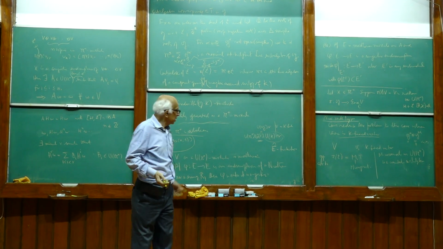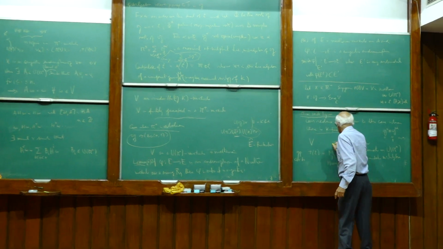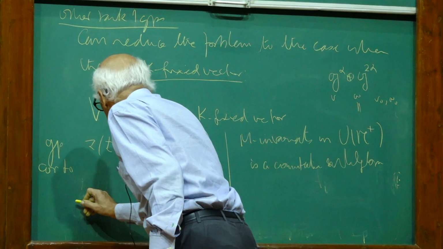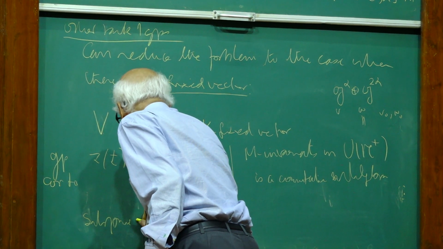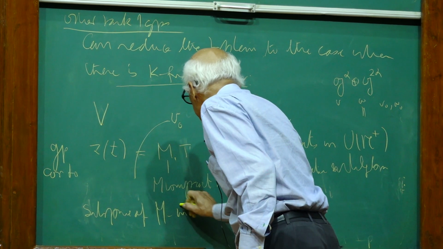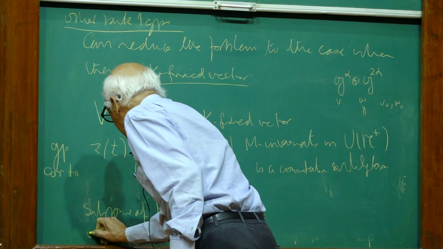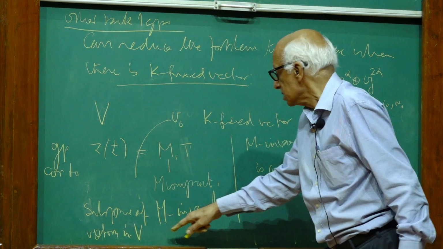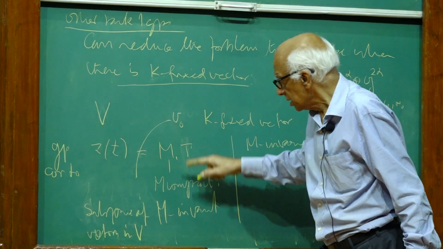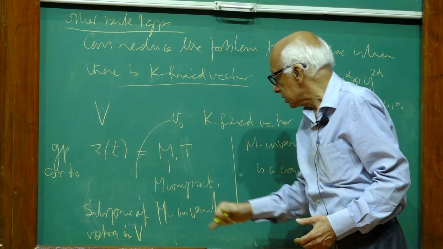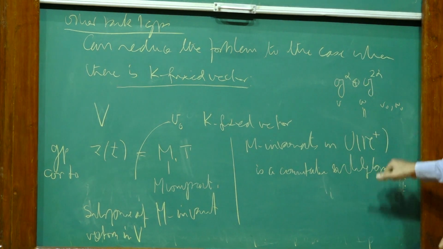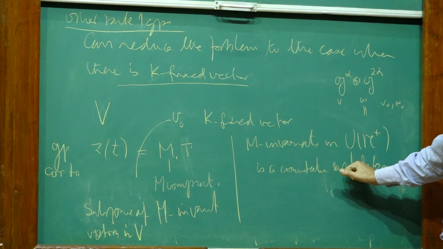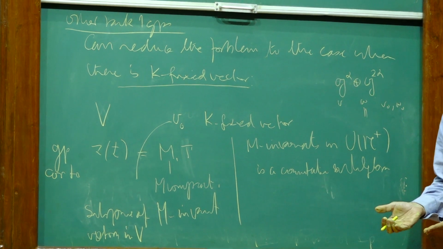Now we are in the commutative algebra, and then what you do here, you start with this V naught and look at the subspace of M invariant vectors, M fixed vectors in V. That is a subspace which contains V naught, and it's stable under M invariants of U1 plus, and it's an easy exercise to see it's finitely generated over this. So we are back in the situation of a commutative Noetherian ring.